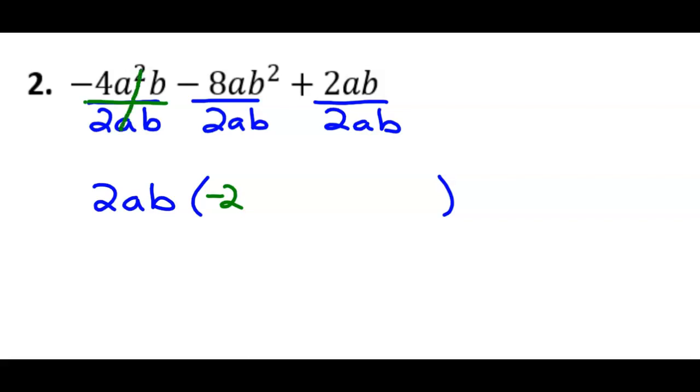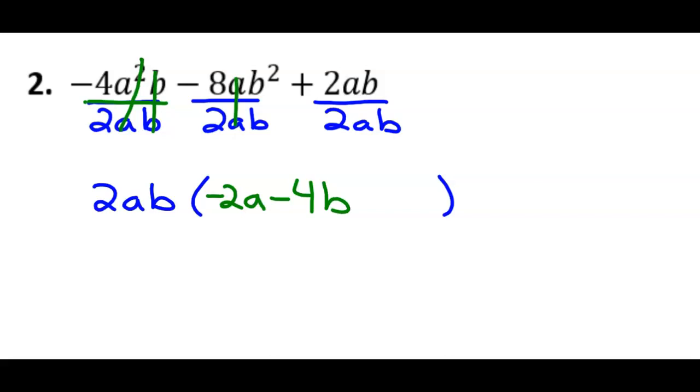One of them cancels out, but you're going to have one left. B divided by B, that cancels out. Okay? Negative 8 divided by 2, negative 4. My A's cancel. My B's, how many am I going to cancel out? One of them, so I'm going to have one left.